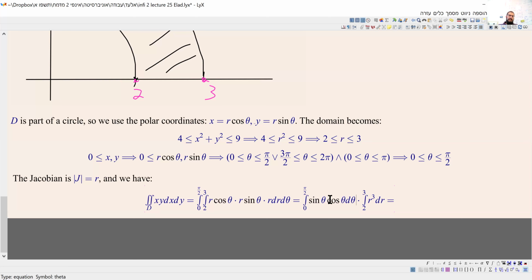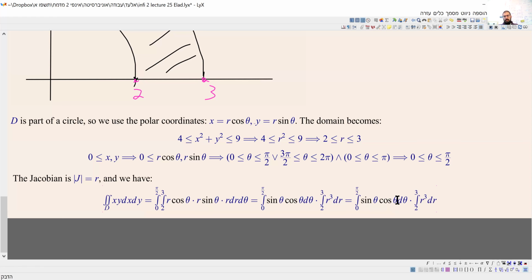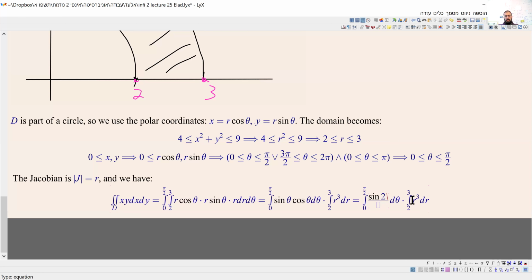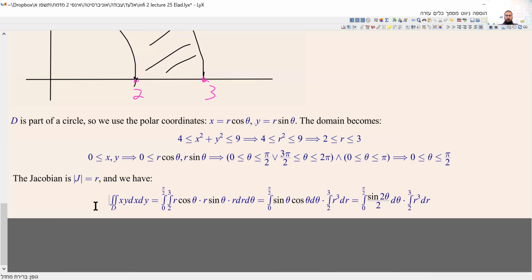One can substitute t to be sine theta or t to be cosine theta, but probably the easiest way is to use the trigonometric identity of the double angle, which is sine 2 theta over 2. And here we know how to calculate both integrals.